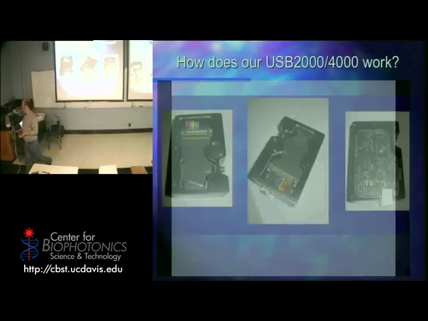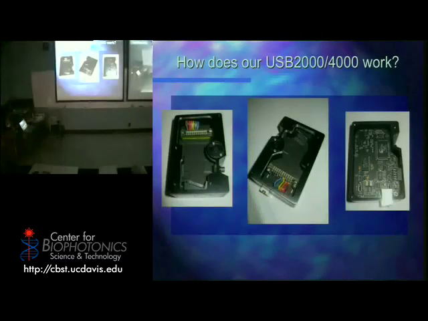And this is what it actually looks like inside if you tear one open. This is the part where the fiber optic goes in. This is the first mirror, slightly angled. It bounces the light off of a diffraction grating that separates it into its component colors, which then bounces off this mirror, which then hits this strip right here of photodiodes. That's the 4,096 little pieces that detect light of the different energies.